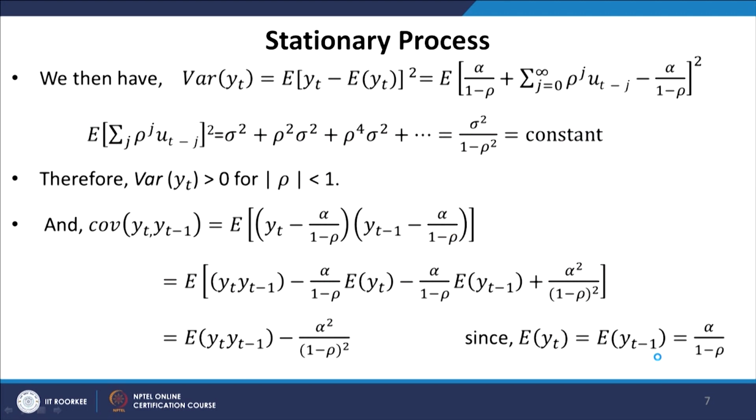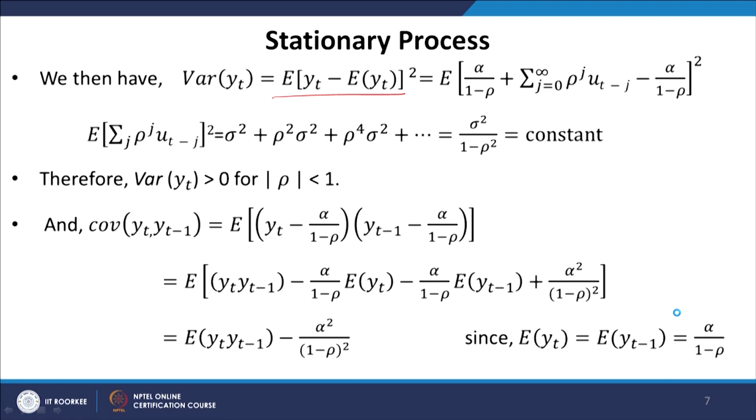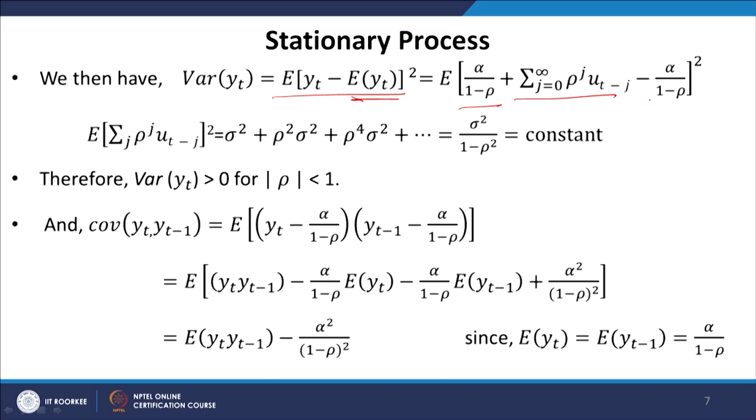Now, we consider the variance of the series y t. Variance is calculated as the expected value of (y t minus expected value of y t) whole square. We know that y t is this expression, so I am writing it here: alpha divided by 1 minus rho plus summation j equals 0 to infinity rho raised to the power j u t minus j, and the expected value of y t we just obtained as alpha upon 1 minus rho, the entire thing whole square.